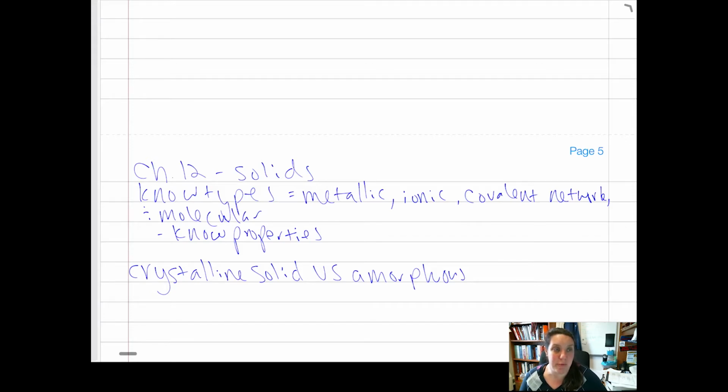So be able to describe those properties and be able to look at properties and determine what type of solid you have. So we want to predict our solid type.